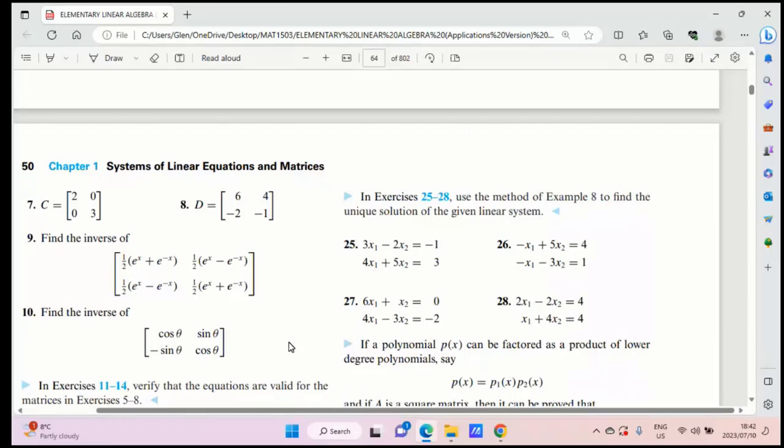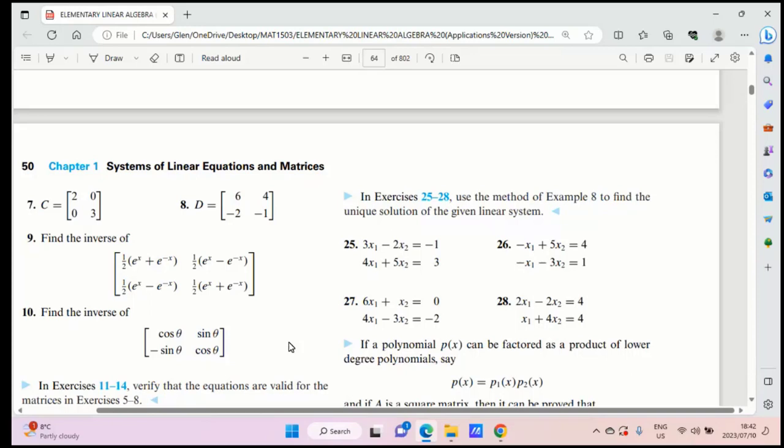Then next step, I expanded e to the power of x plus e to the power of negative x squared. It gave me e to the power of 2x plus 2 plus e to the power of negative 2x.